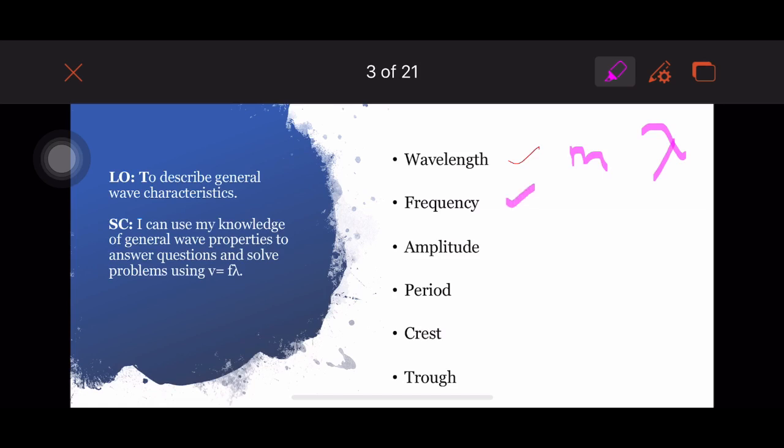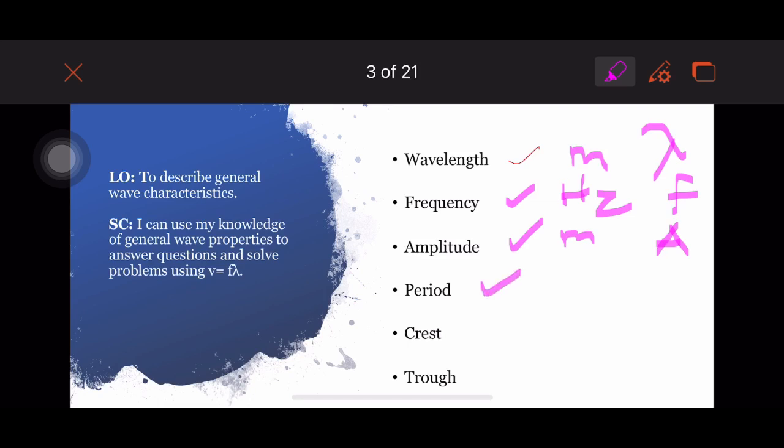Frequency is the number of waves passing a point each second, and it's measured in hertz. The symbol is f. Amplitude is the maximum displacement of a point of a wave from its rest position. It's also measured in meters.